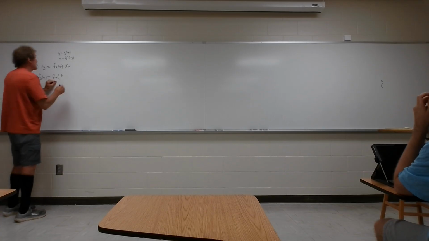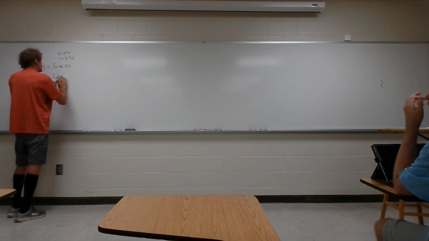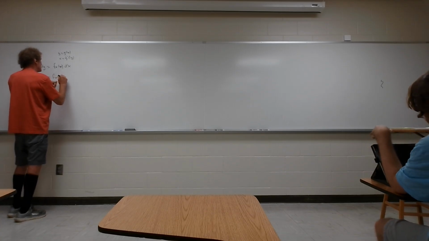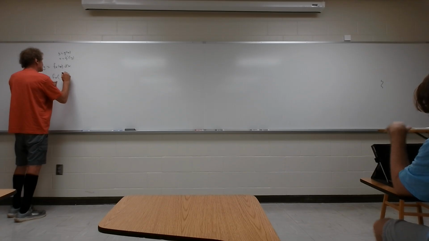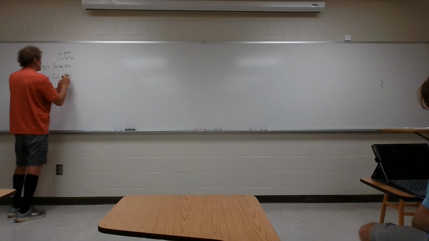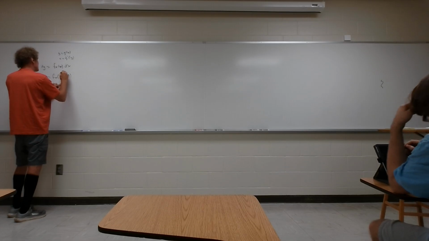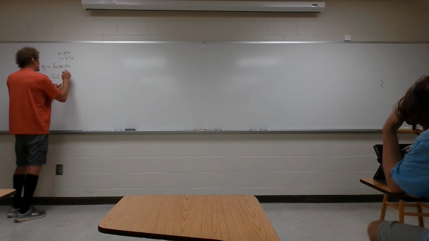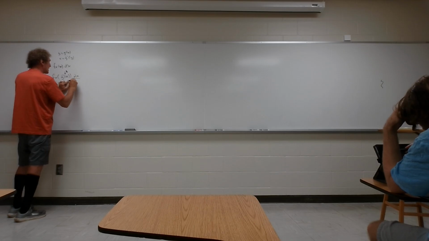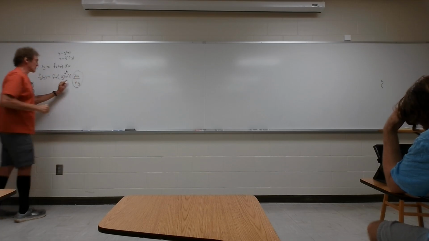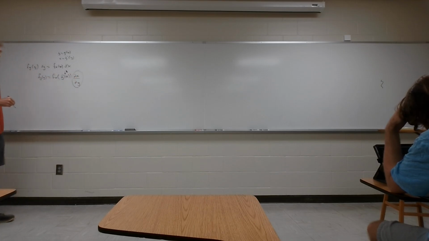So this would be g to the minus 1 of x, and really it is going to be a function of y. Then you're going to have dx dy. And this is the kicker that you have to be careful about.